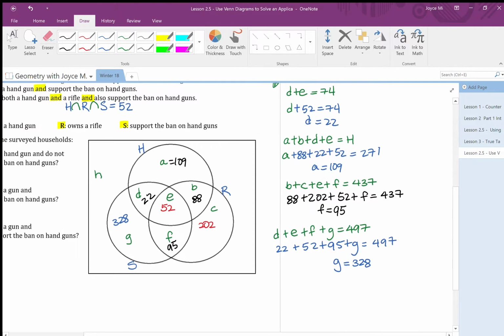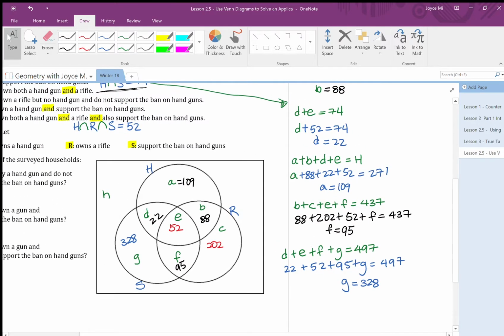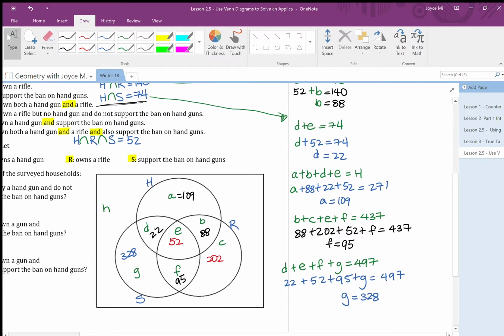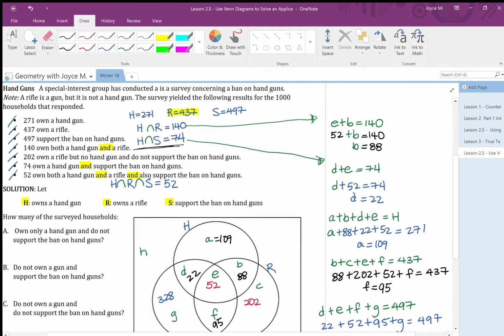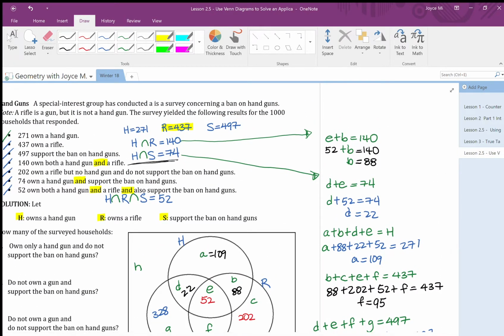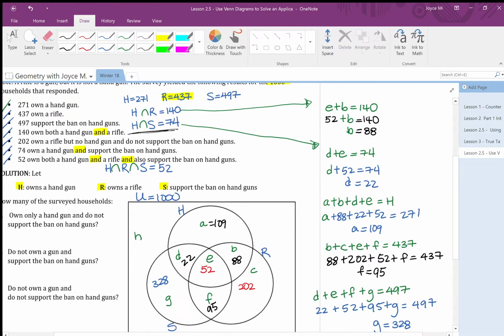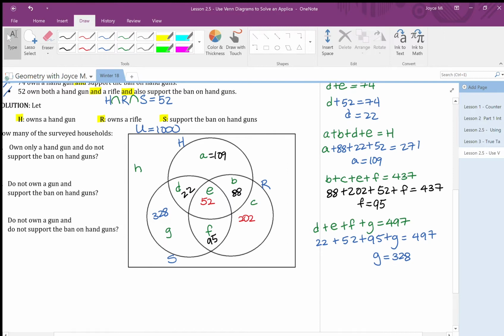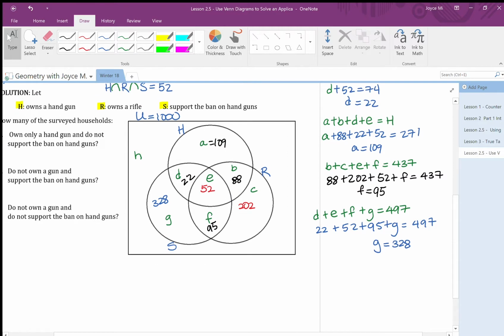The only part missing here is H. Well, let's see how many people are in the survey. It was given to us in the directions. Oh, it tells me that 1,000 households participated in the survey, responded. So in my universe here, the grand total is 1,000. Now to find H, I just need to subtract all these numbers from 1,000.